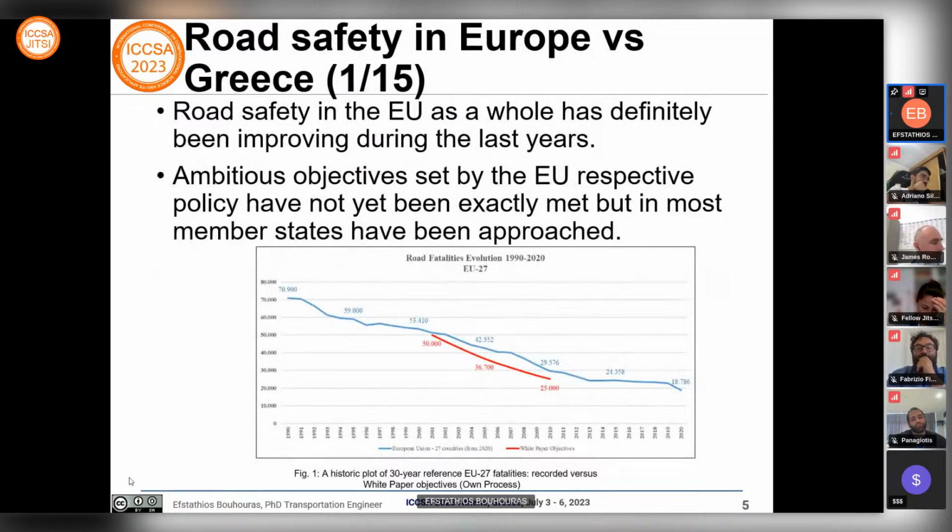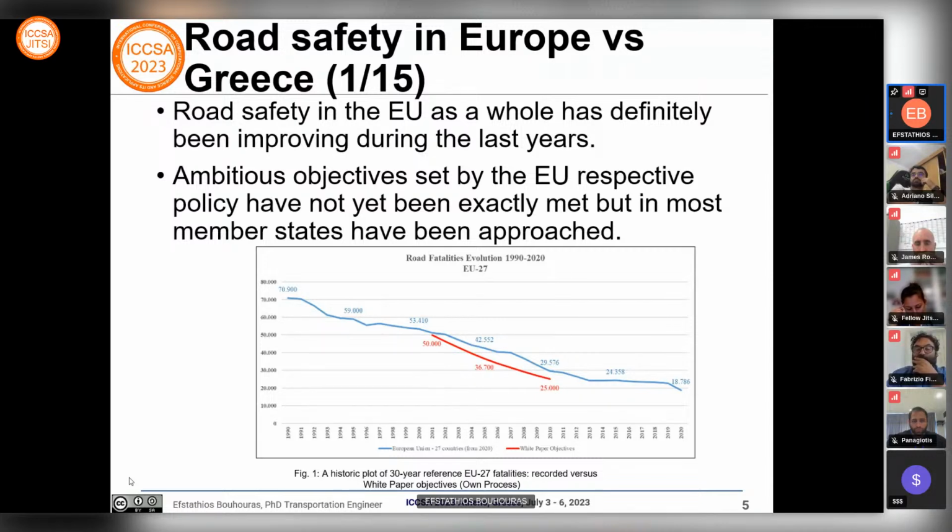We must say that road safety at EU level has improved in recent years. You can see in figure 1 how fatalities in the EU-27 evolved from 1990 to 2020. This is the blue line, and the red line represents the white paper objectives.